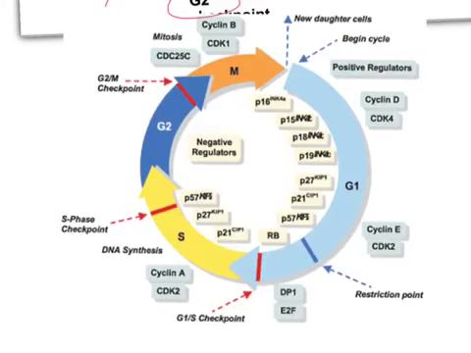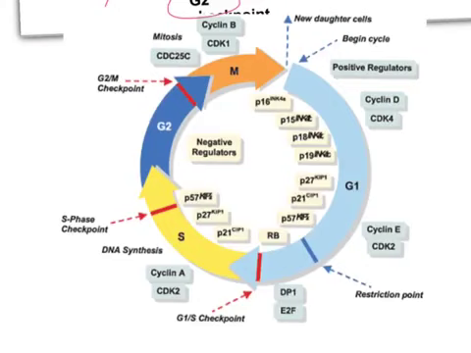The positive regulators of the cell cycle are cyclins. You see cyclin D, cyclin E, cyclin A, cyclin B. These are small proteins that come together with their partners, called CDKs.